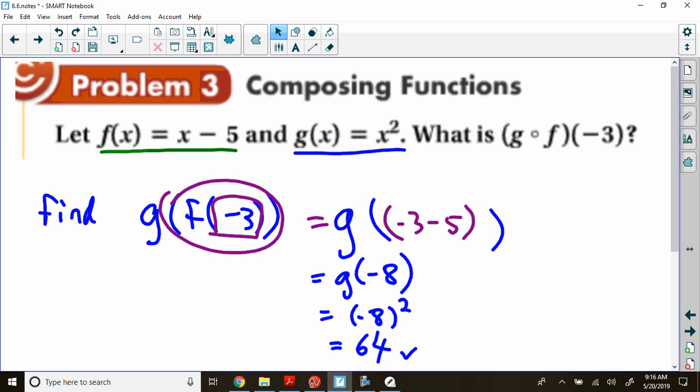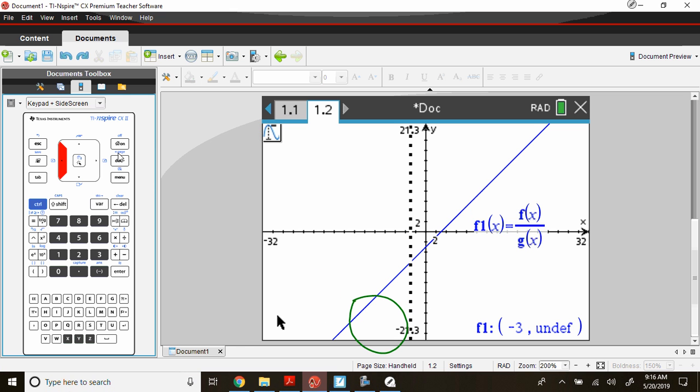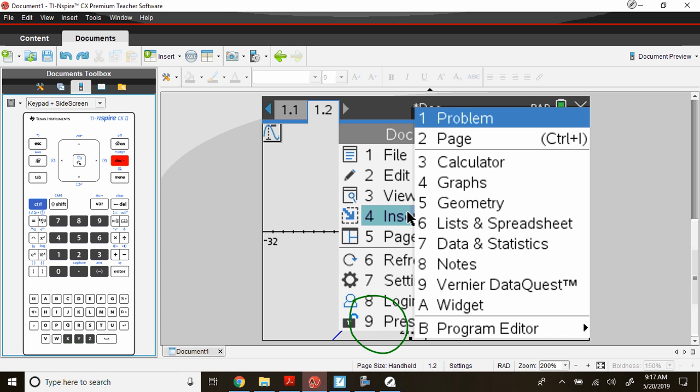The cool thing is, my calculator can do this with numbers for me, not variables. Darth Vader can do this with variables. But your regular TI-Inspire can do this with numbers. So let's try this. Into my document, I'm going to insert a new problem.